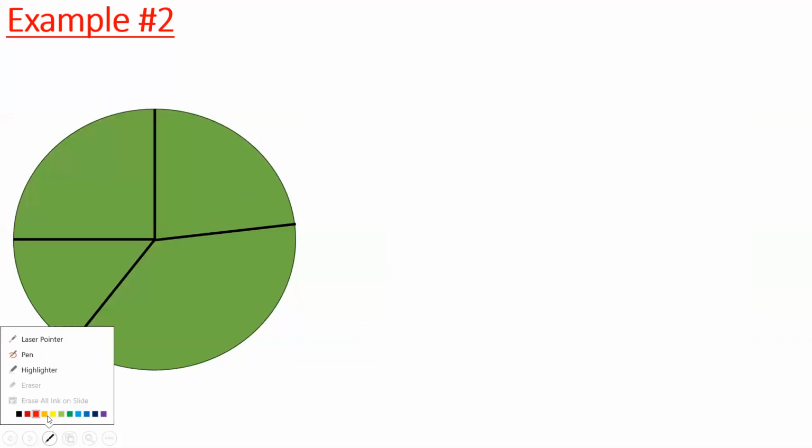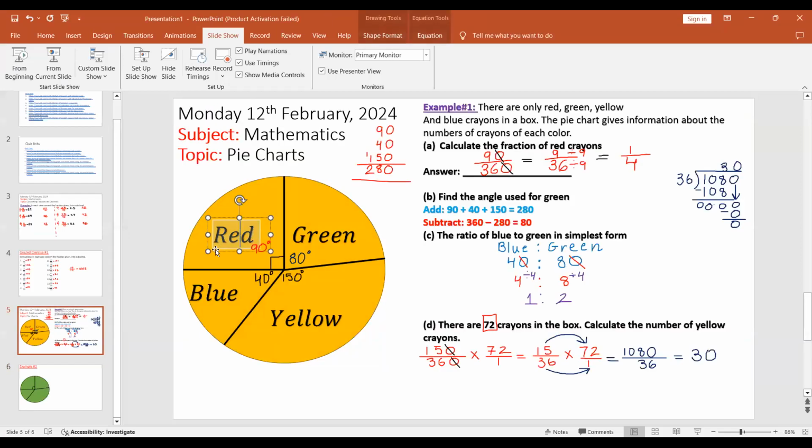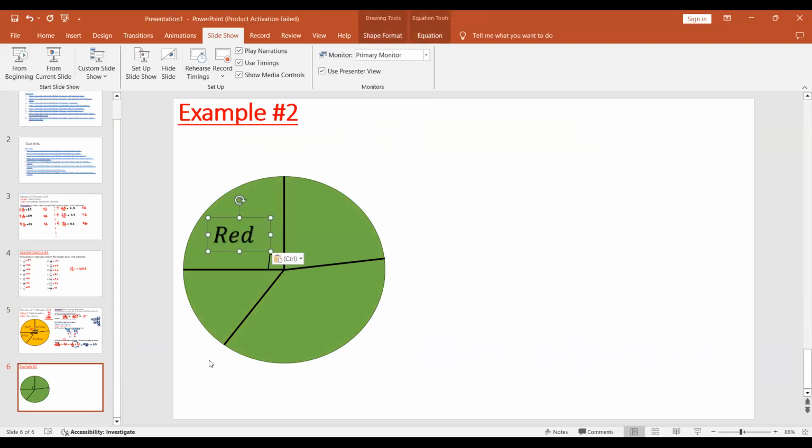Okay, so let's put in the diagram, the colors. So let's say that this one is pink.